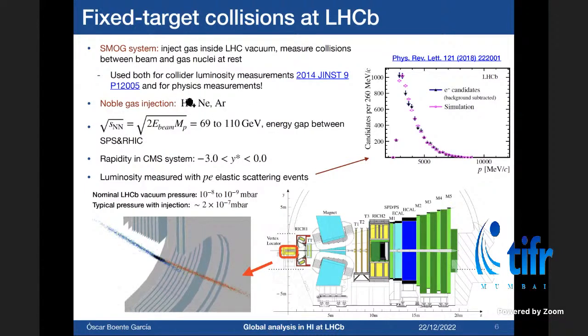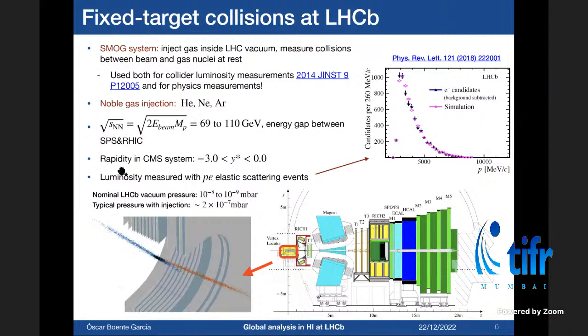So far, we have injected noble gases, and due to the configuration, the energy in the center of mass system ranges over these values here, which is interesting because it's between the energies of SPS and RHIC experiments.